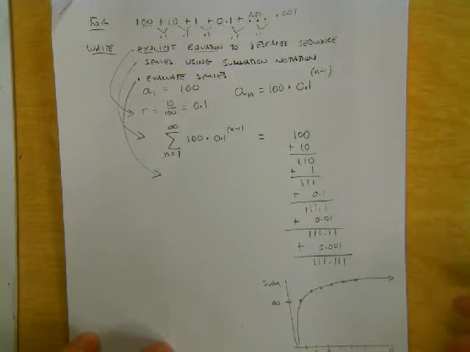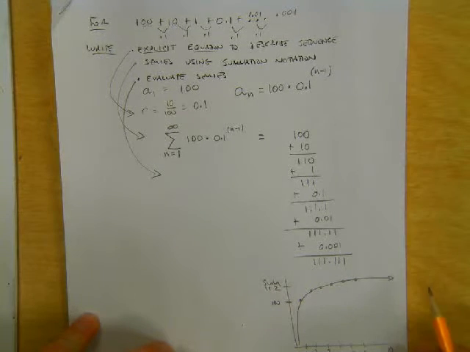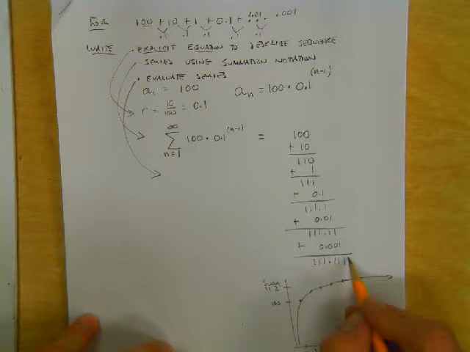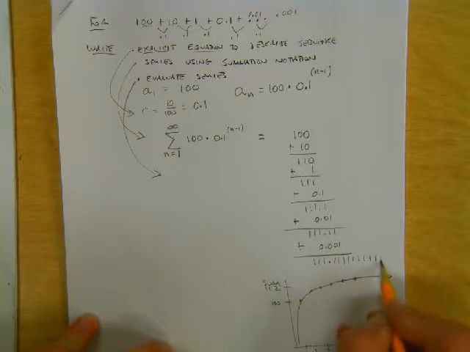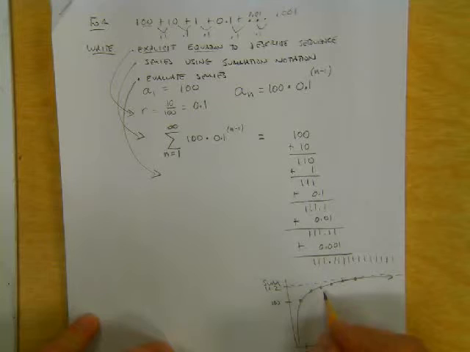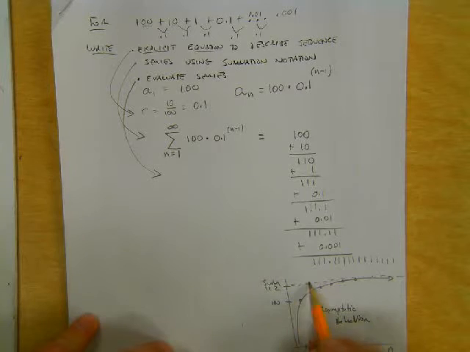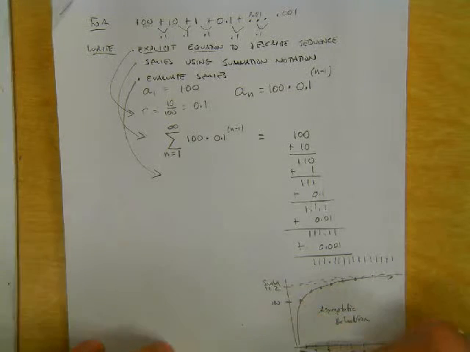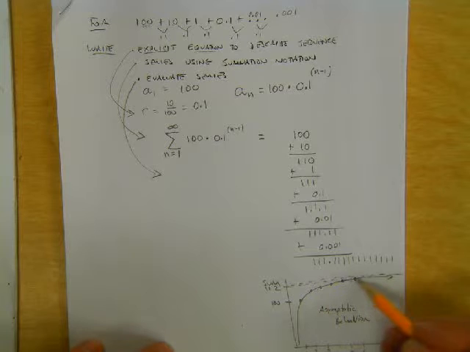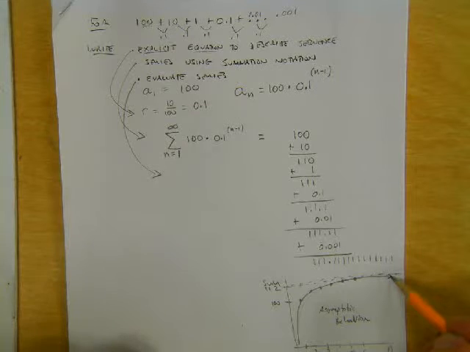And I might ask you, do you think that this is ever going to reach 112? Well, it looks like we're just going to continue adding these ones here, and it's never really going to reach 112. And so this series exhibits asymptotic behavior, which means that there's an asymptote up here somewhere that no matter how many terms that we sum together, this is never going to exceed a certain number.